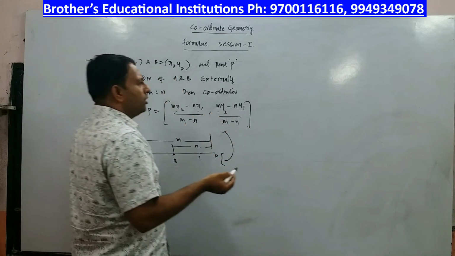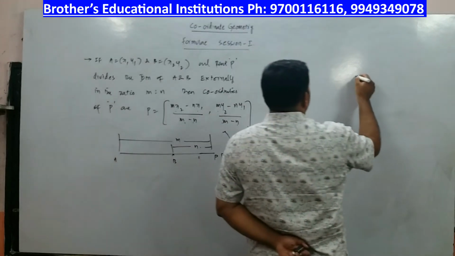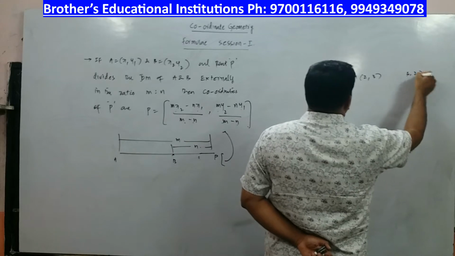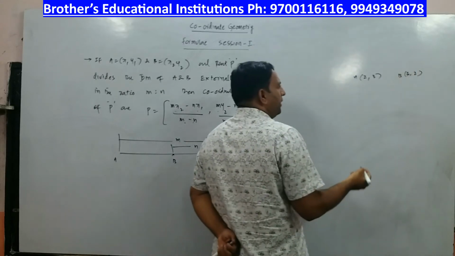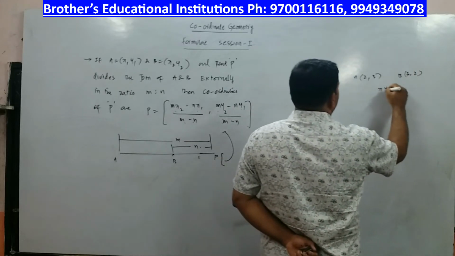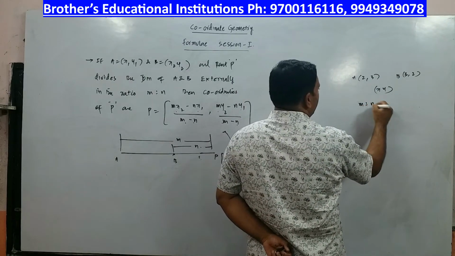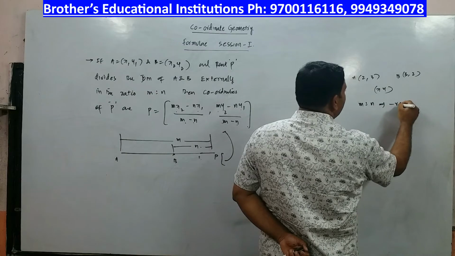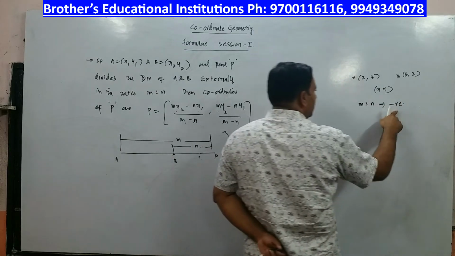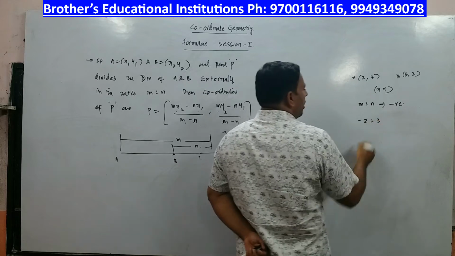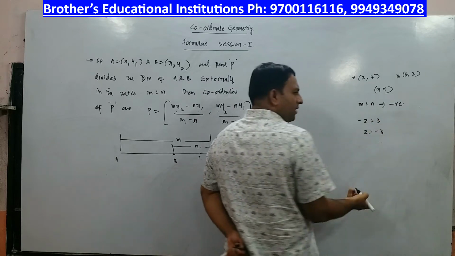Alright, so if I say there is a point A (2, 3), and there is a point B (3, 2), and there is a point P (x, y) that divides this in the ratio m is to n, and this m is to n result is negative. What do you mean by result negative? Say you are having minus 2 is to 3 or 2 is to minus 3. Any one of them has a negative sign.